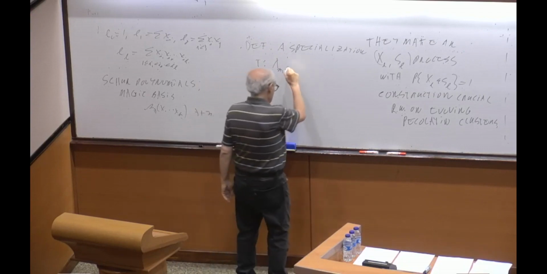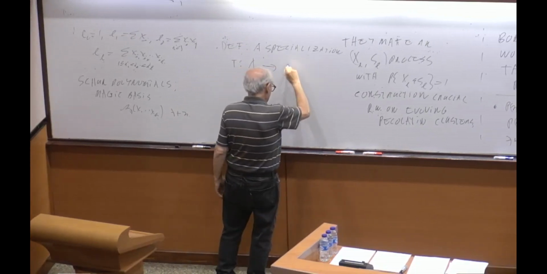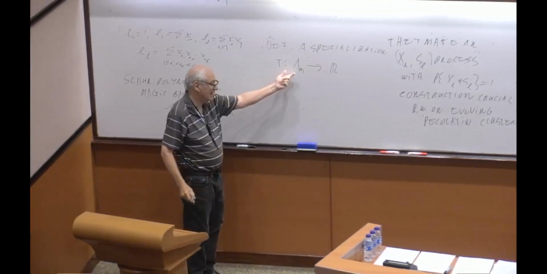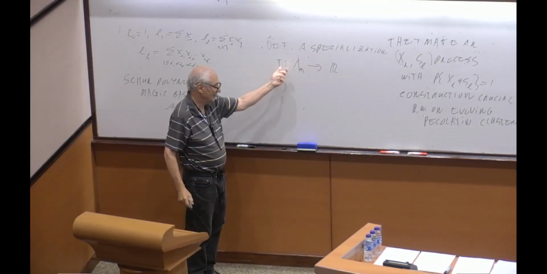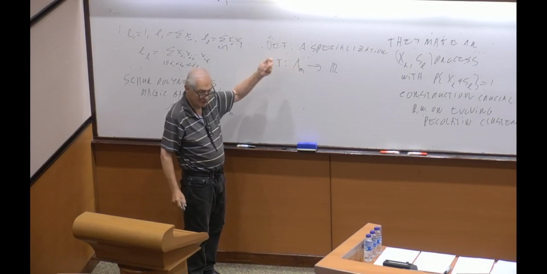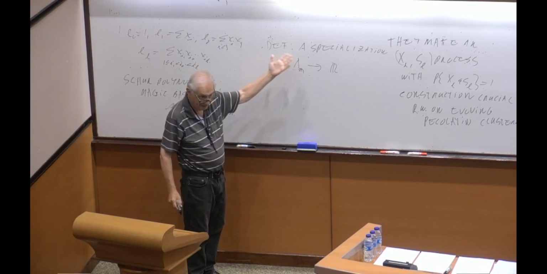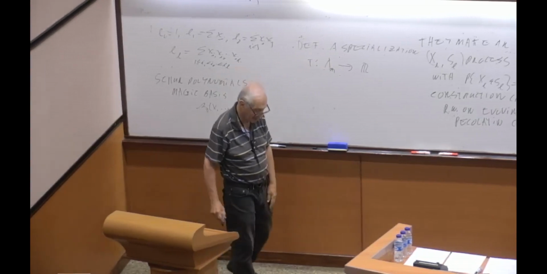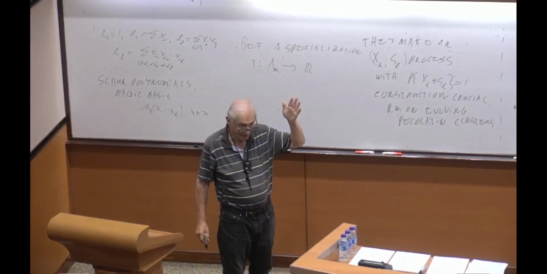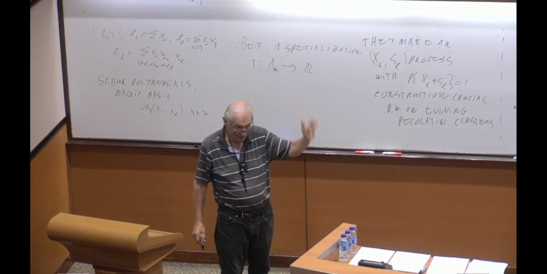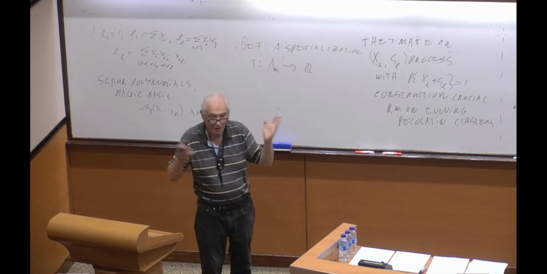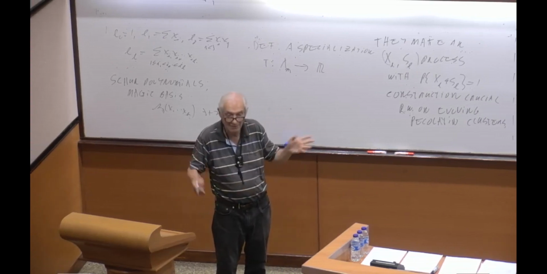A specialization is a map into, say, R, which is an algebra map, such that the specialization applied to the sum is the sum of the specializations, and the specialization applied to the product is the product of the specializations. Okay, so it's an algebra map. And so, for example, you could just set the variables equal to numbers. So that's a specialization. There are others, and we know what all of them are. That's Thoma's theorem, but it doesn't matter.